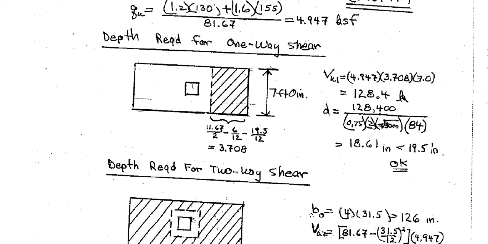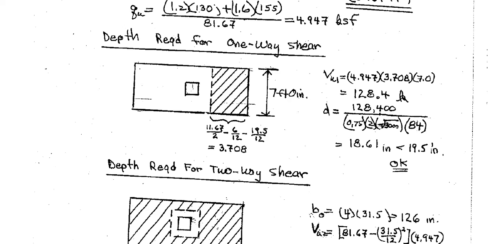Okay, then what is the depth required? We know that there will be no tie or stirrup to take the shear force. Only the concrete will take the shear force. So we know that the capacity of concrete is phi 2 square root f'c b d. That is the capacity of plain concrete. As we are calculating d, we took d this way: shear force divided by this.